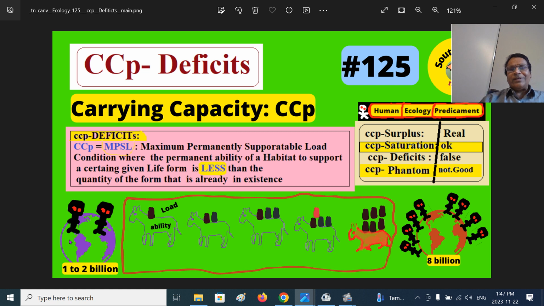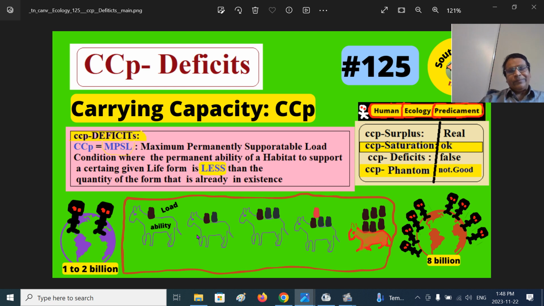The planet Earth has about 150 million square kilometers of land, that is the surface land, among which 10%, about 15 million square kilometers or 1500 million hectares, produces food, called arable land for farming. Let's say this planet Earth has the ability to support 1 billion people or 2 billion people. This is arbitrary.